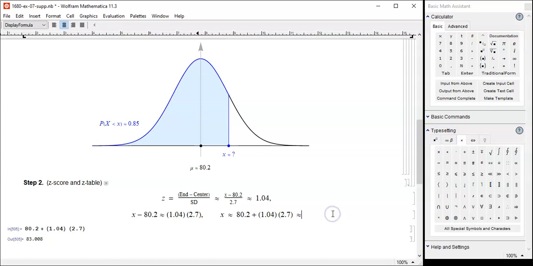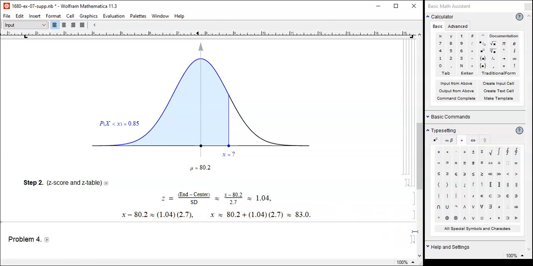And what am I getting? I'm getting 83.008. So 83.01, let's say 83.0. Just take the first decimal digit as a final answer.